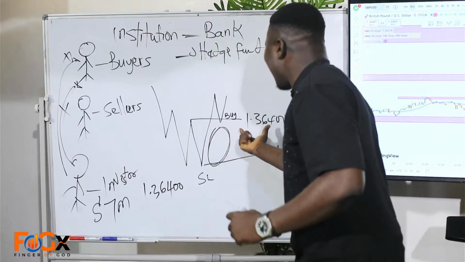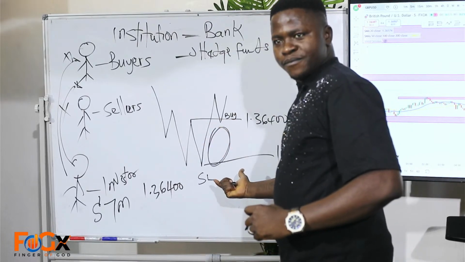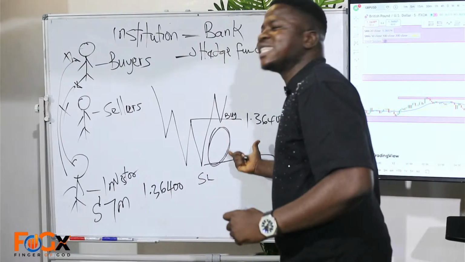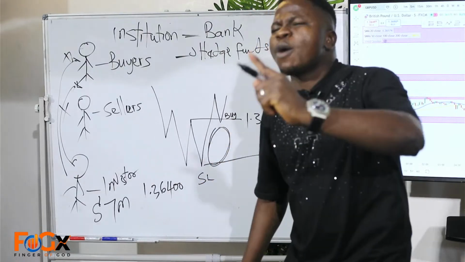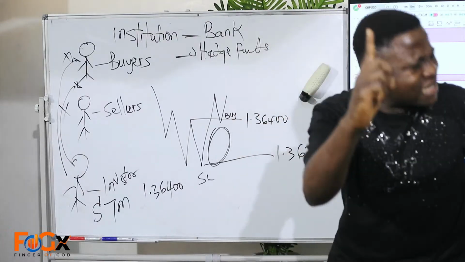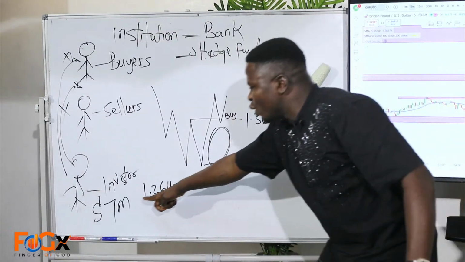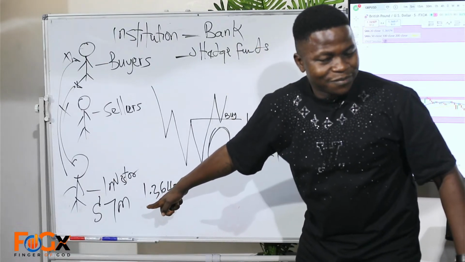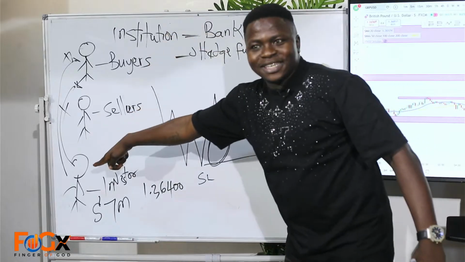They will enter anything below. Are we following? They will enter anything below. They must not make a mistake and buy at 1.3641, because 7 million is not small money. It will affect the investor.